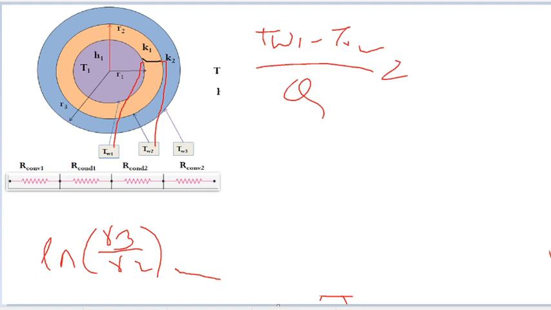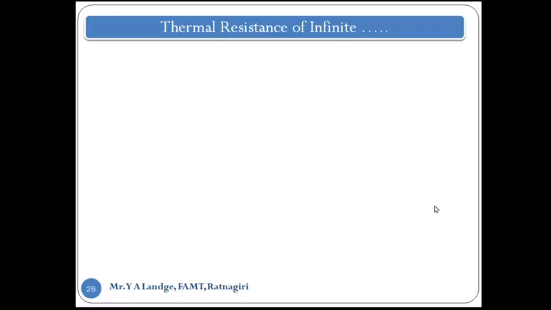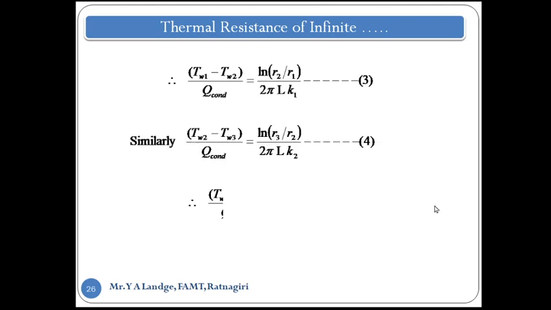Similarly, we write the equations in terms of the resistances. On the left hand side are the temperature, the conductivity and the heat transfer rate, and on the right hand side there is a resistance.